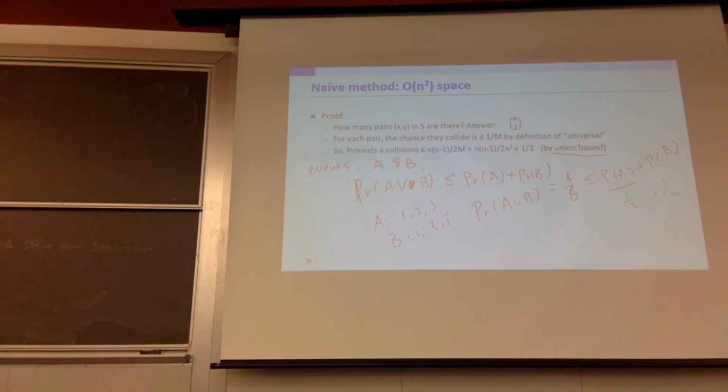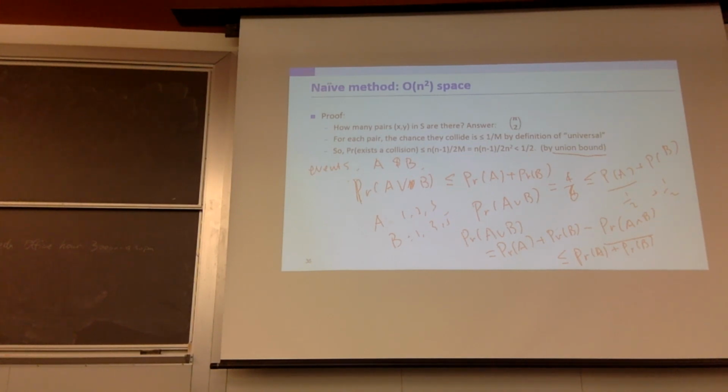The reason is that, by the inclusion-exclusion law, the probability of A or B is the probability of A plus the probability of B minus the probability of A and B. Since that last term is non-negative, the probability that either happens is smaller than or equal to the sum of the individual probabilities.